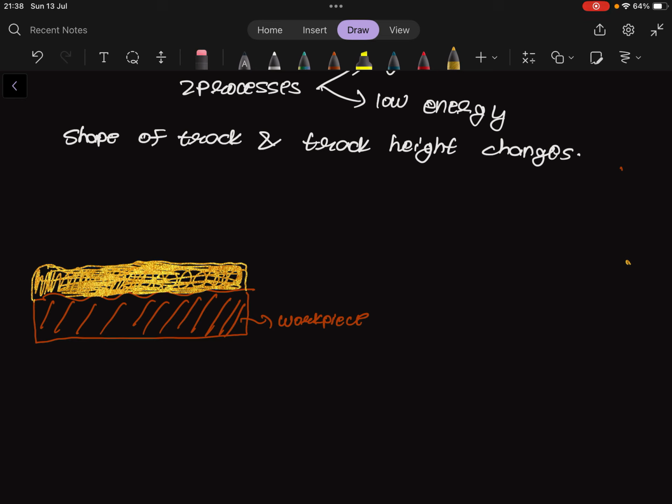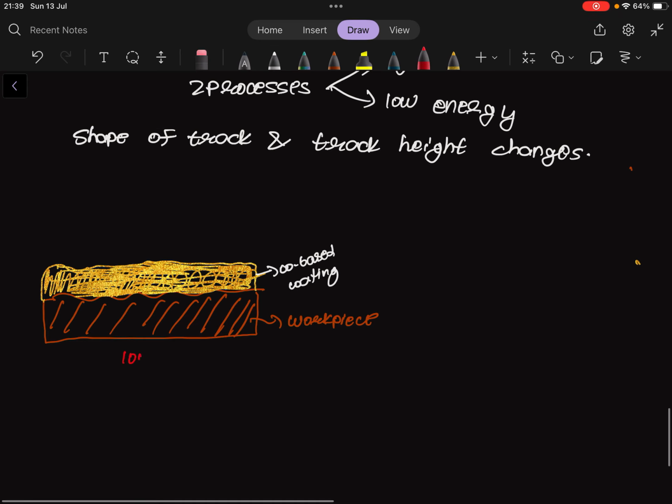So this is my coated part. This is for the low specific energy process. Let me draw the high energy process.